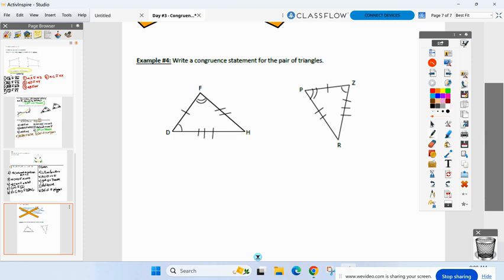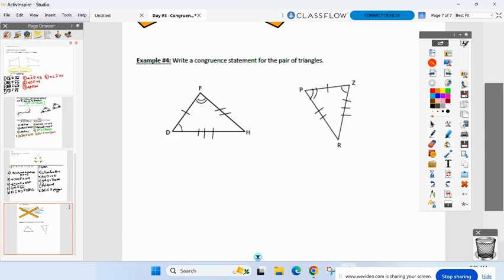I don't think these triangles are congruent, are they? Because I only have 2 pairs of angles marked, and I've been told today I need all 3 pairs equal. Do I even need to mark the 3rd pair? No, why not? I already know they're equal by what? Third angle theorem. Okay, so that's why H and R are not marked. They're already congruent by the third angle theorem.